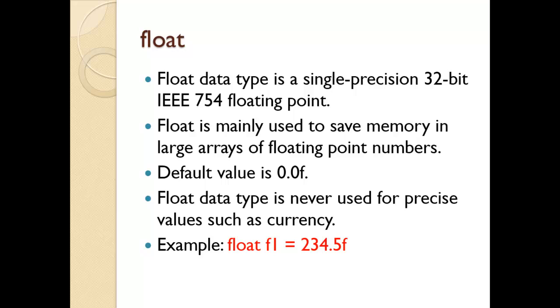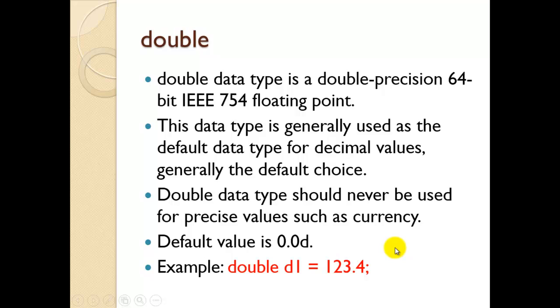The float data type is a single precision 32-bit IEEE 754 floating point. Float is mainly used to save memory in large arrays of floating point numbers. The default value is 0.0f. The float data type is never used for precise values such as currency. We must place f at the end of the value. The double data type is a double precision 64-bit IEEE 754 floating point.